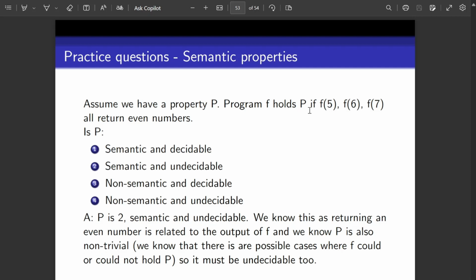For example, if f of 5 returned an odd number and the others returned even, all three would have to return even numbers for F to hold this property. So this property P is semantic and non-trivial, which makes it undecidable.